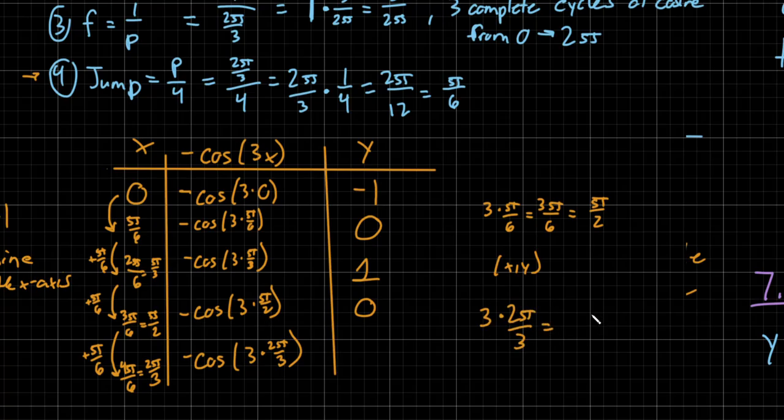What does that simplify to? What is it? 2 what? Don't forget your pi. 2 pi, perfect. So what is cosine at 2 pi? 1, yep. And then 1 times the negative is just 1. No, it's negative 1. There we go. Perfect. Try to graph it.